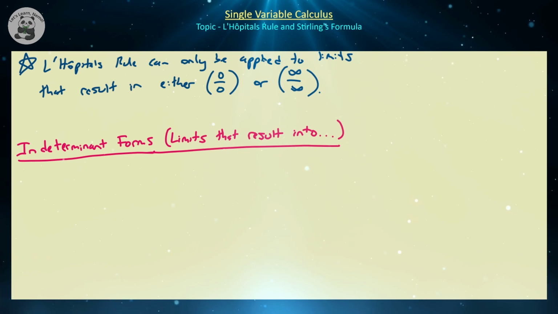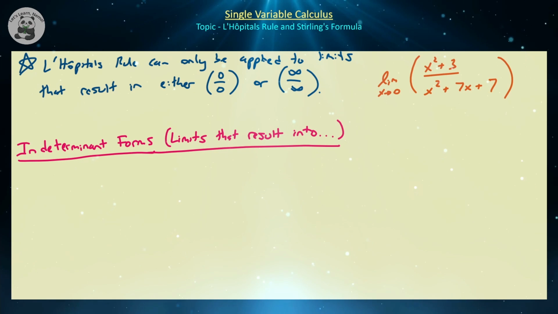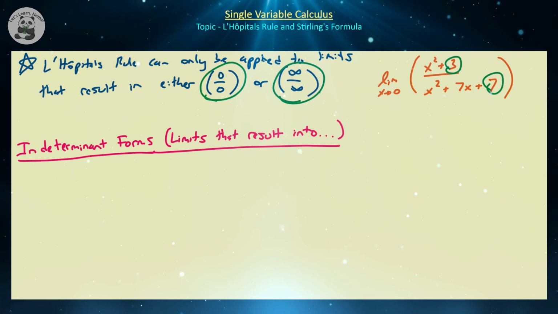So if you have a limit that results in something else, for example, the limit as x approaches 0 of (x squared plus 3) divided by (x squared plus 7x plus 7), you cannot apply L'Hopital's rule to this, because when you plug in 0, you do not get 0 over 0 or infinity over infinity, you get 3 divided by 7, which is neither of those. So you cannot just apply L'Hopital's rule to everything. Moreover, you can only apply L'Hopital's rule to either 0 over 0 or infinity over infinity form.